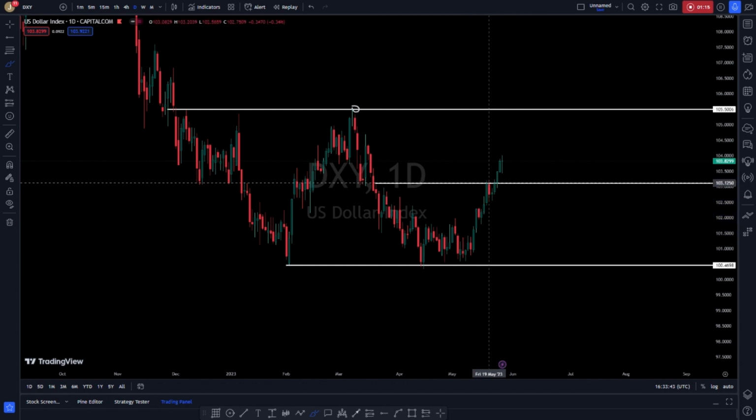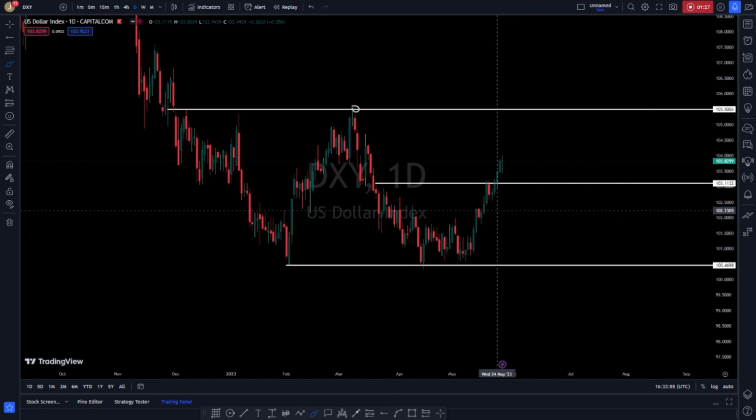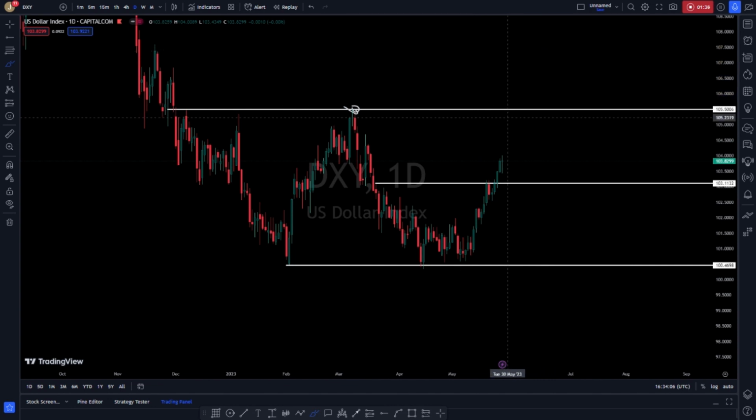Actually, it gave the rejection. You can see this bearish candle here. It gave the rejection around this area, but it was not enough to push down to the downside. So it actually broke it impulsively, and that has given us a clue that it is going to head to the upside or even break this high. So let's see how it goes.